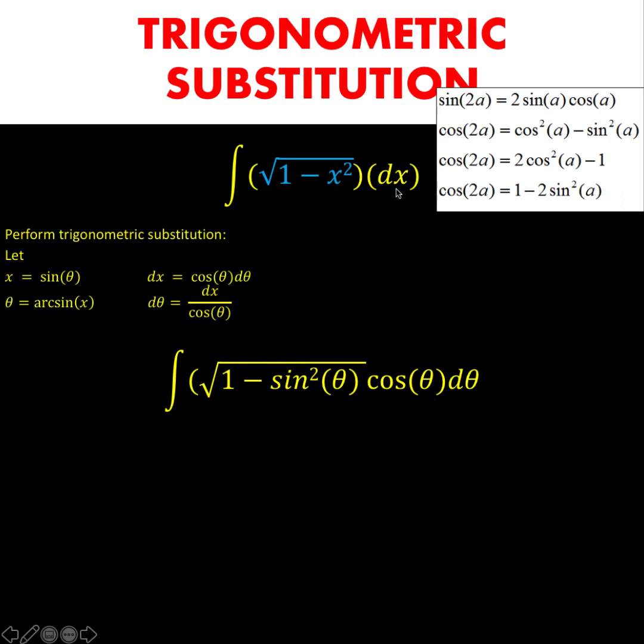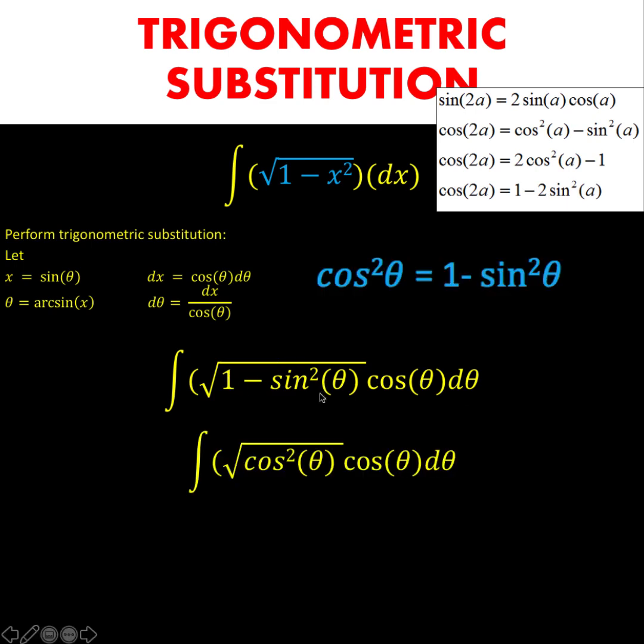So we replace dx with cosine theta d theta. Now recall that 1 minus sine squared theta is equal to cosine squared theta. So using our trigonometric identity, we replace this 1 minus sine squared theta by cosine squared theta. All the rest are copied.